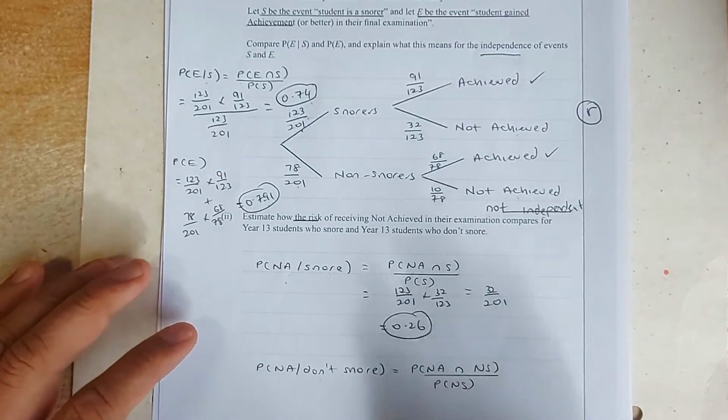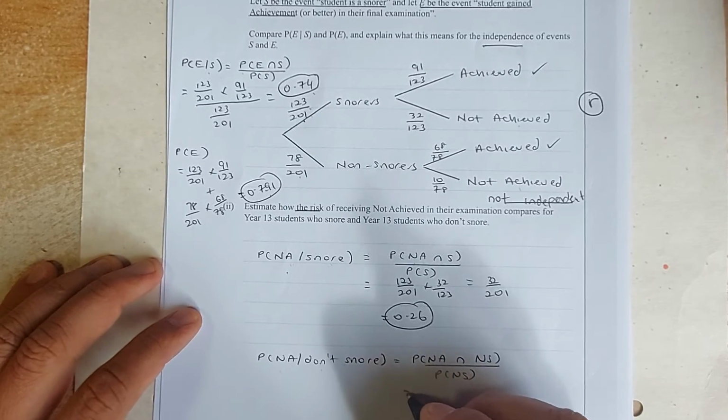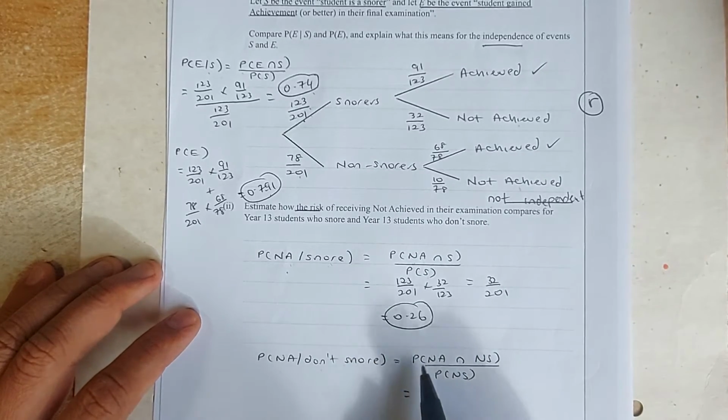And now we're going to the second one. So it is going to be not achieve and non-snorer.